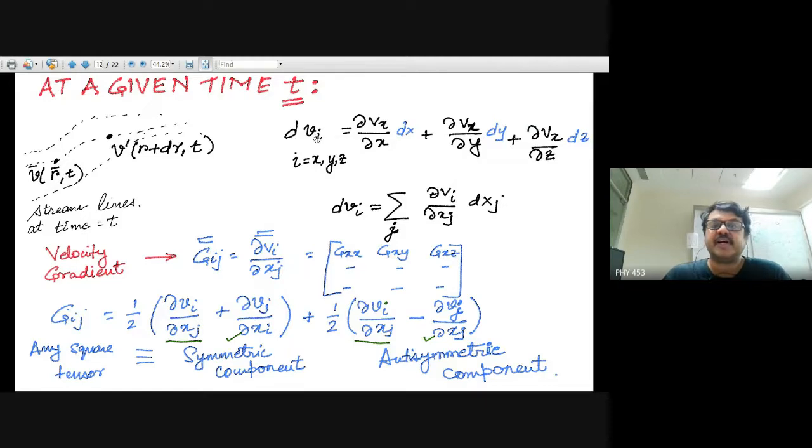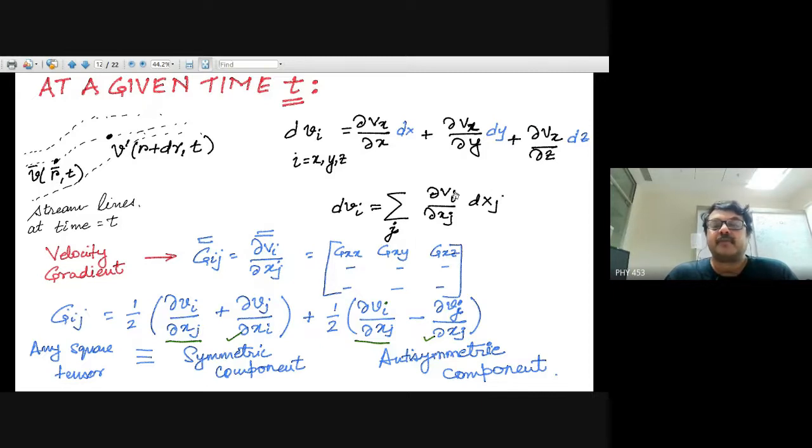So dvi is this, this, and this, right? So in general, j can run from x, y, z or 1, 2, 3, right? When you're writing a tensor.